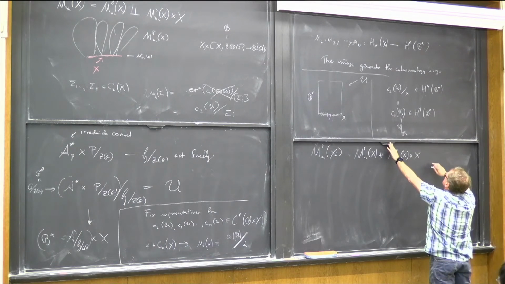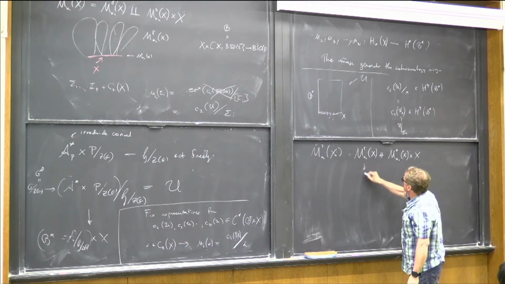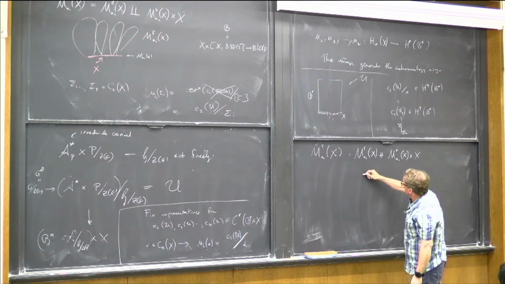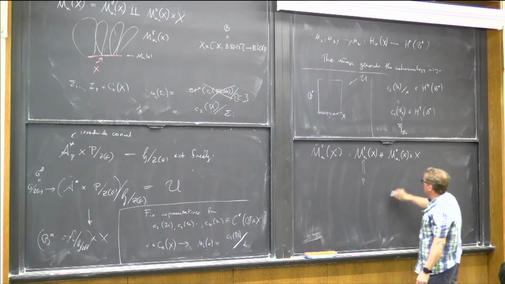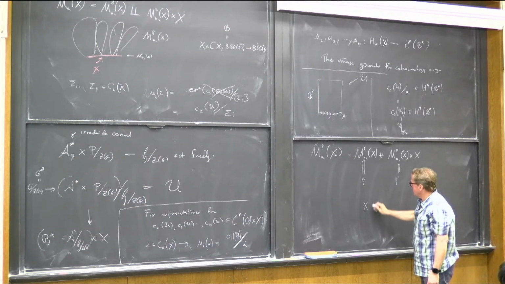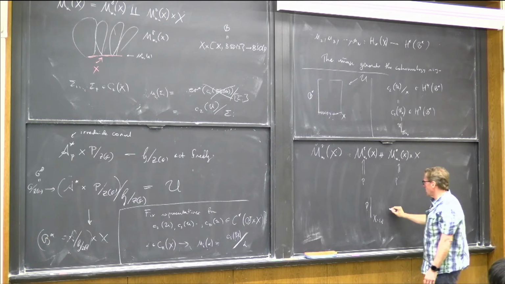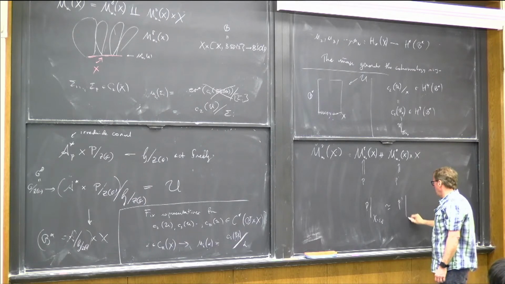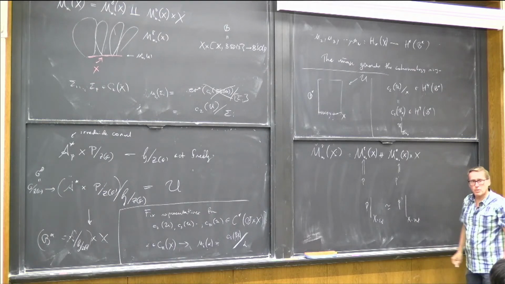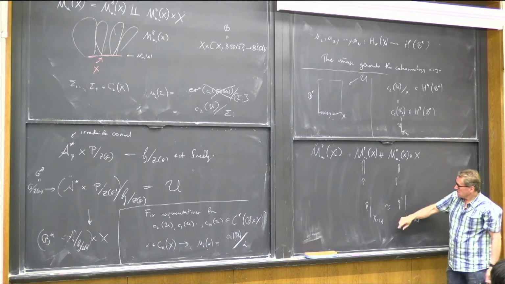So there's this bundle. This picture is coming from some bundle P, and this picture is coming from some bundle P prime. P restricted to X minus this point is isomorphic to P prime restricted to X minus that point.